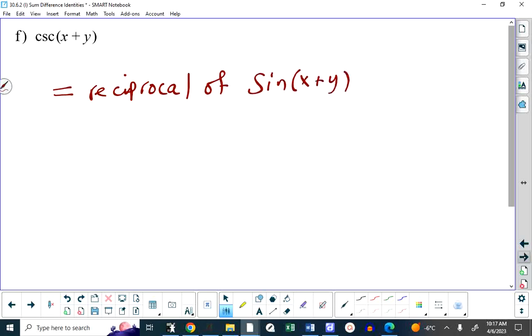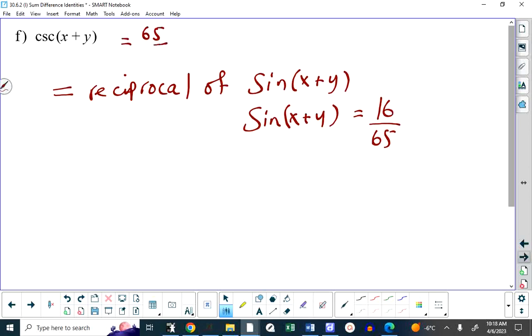Well, sine of x plus y was equal to, Lynette, what was sine equal to? Negative 16/65? Just 16/65. Well, that means that this is equal to the reciprocal, which is 65/16.